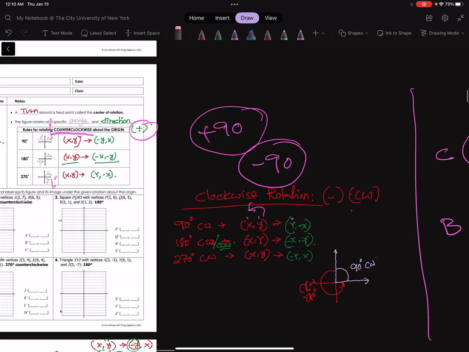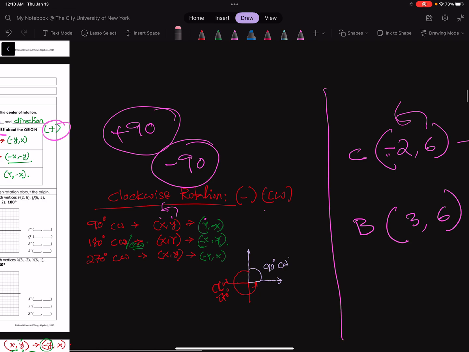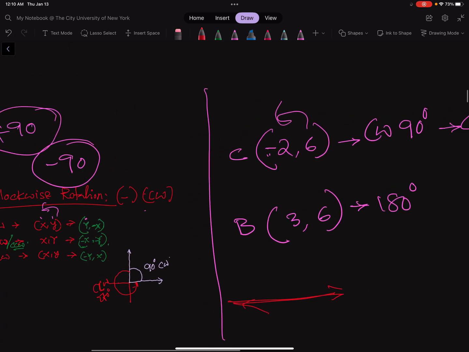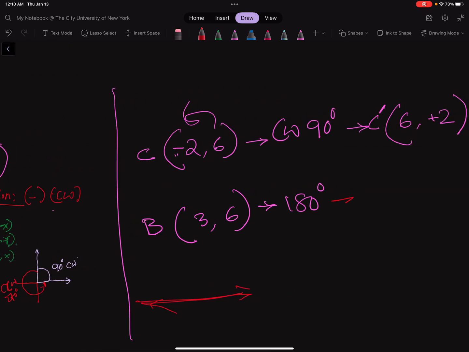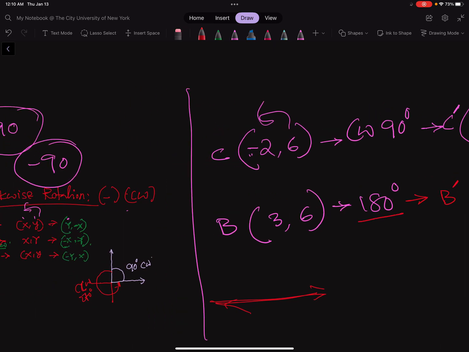If it is 180 degrees, what happens? (x, y) becomes (-x, -y). x and y stay in their positions because they just shift this way, so x takes a negative, and 6 takes a negative. So that's your 180 degree rotation. All right.